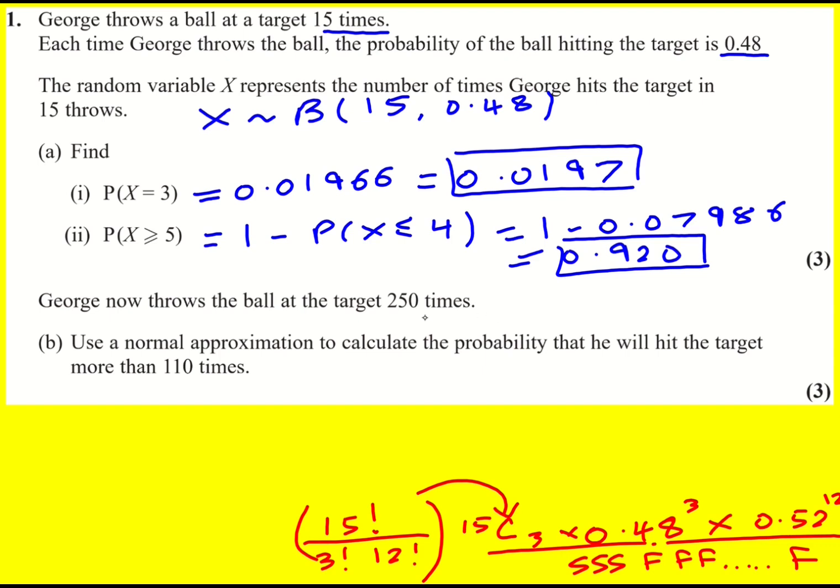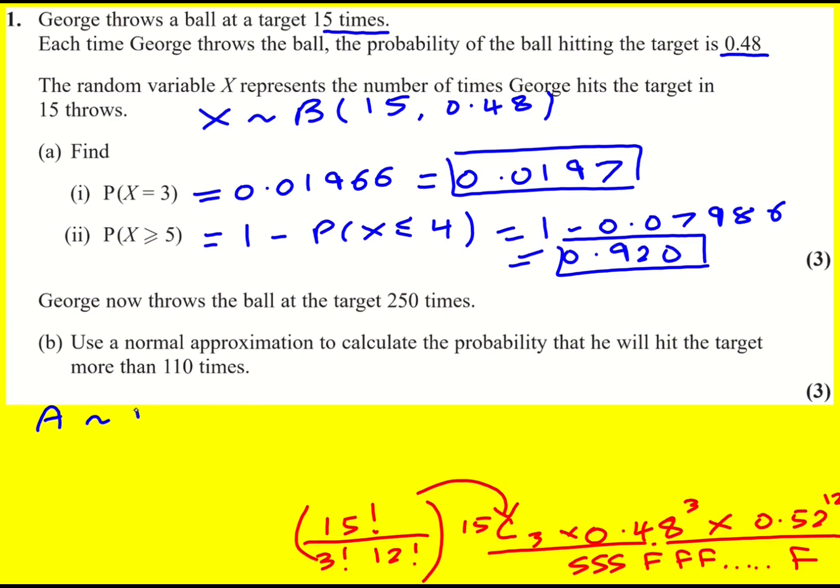George now throws the ball at the target 250 times. Use a normal approximation to calculate the probability that he will hit the target more than 110 times. So I first of all constructed another binomial distribution, A, because it's not X anymore, since X was when it was 15 trials. So I used a different variable.